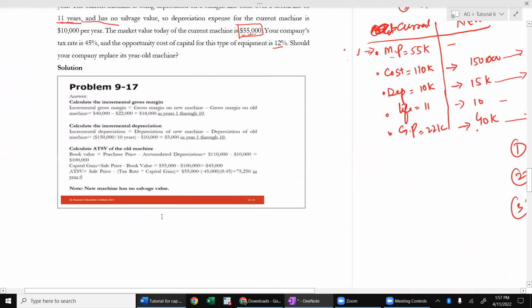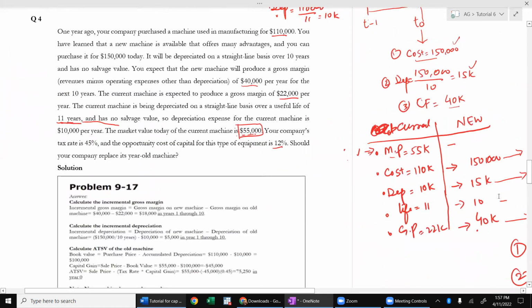And if you apply this to our question, the question is telling us that the market value today of the current machine, meaning the one that you had bought last year, is 55,000. Okay. So this is the market value, market price. Your company's tax rate is 45% and the opportunity cost of capital is 12%. Should your company replace its old machine?